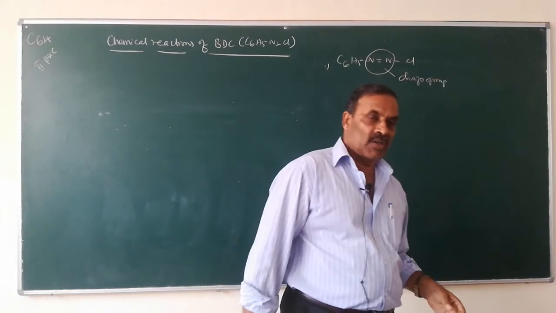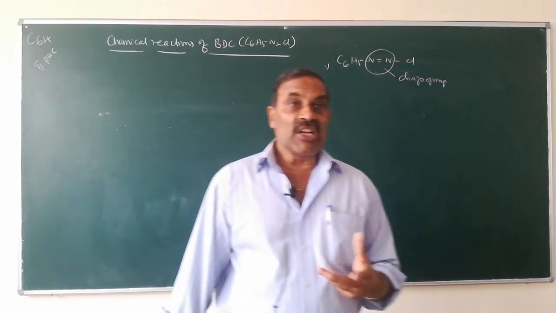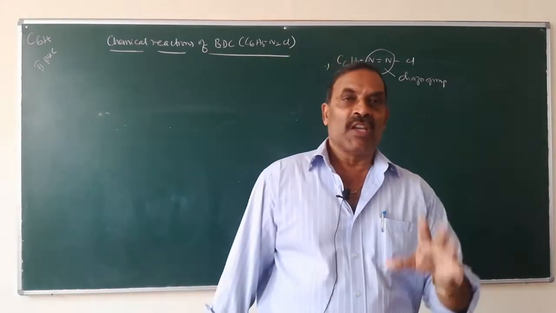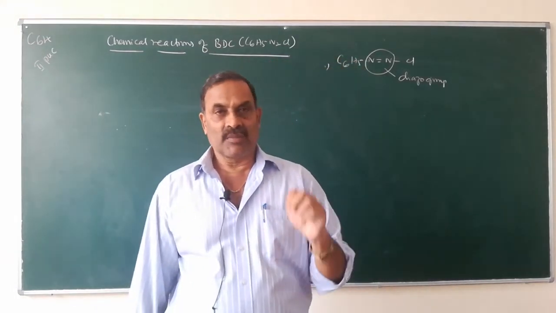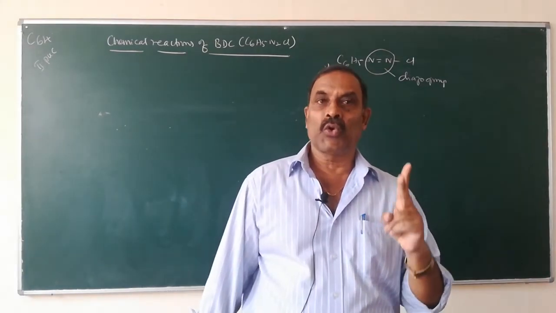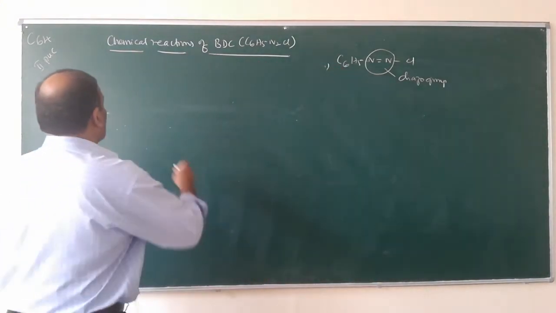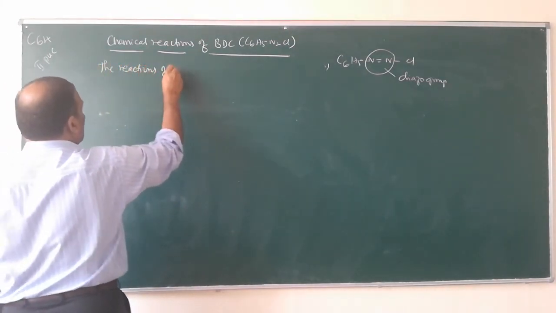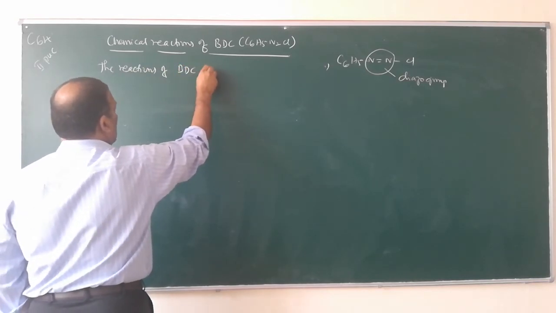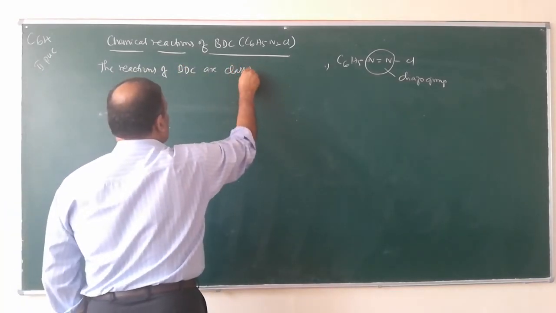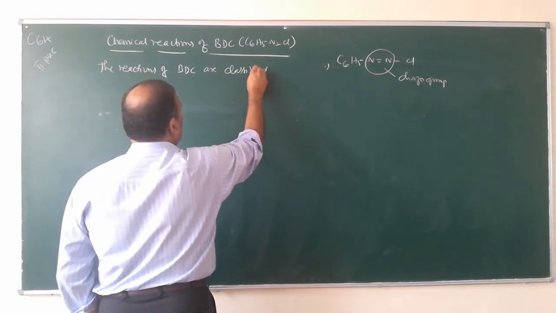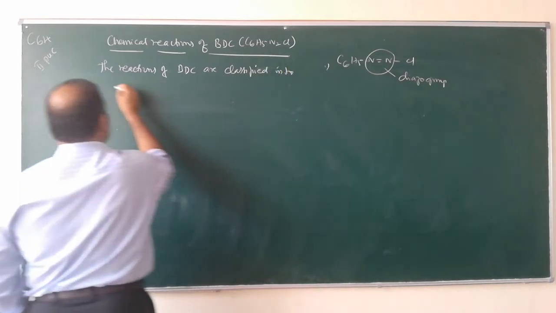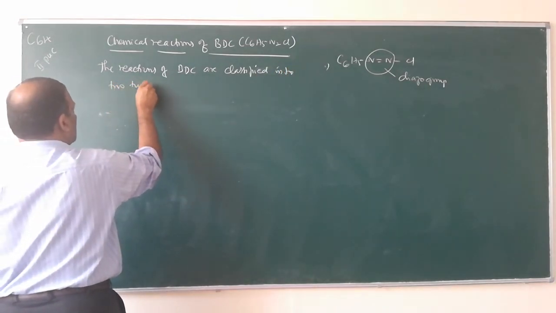Depending upon the displacement of diazo group or retention of diazo group, chemical reactions of benzene diazonium chloride are classified into two types. Write down. The reactions of benzene diazonium chloride are classified into two types.